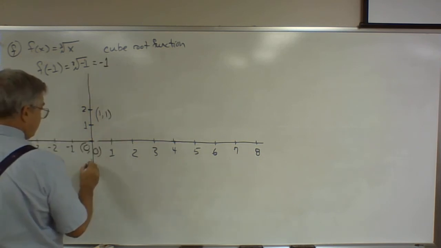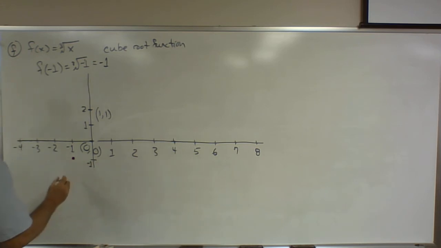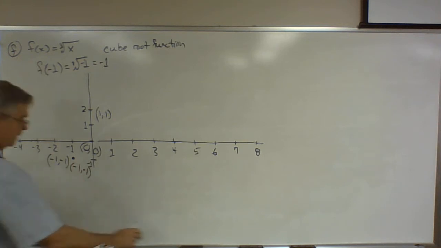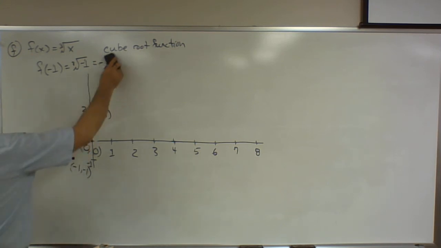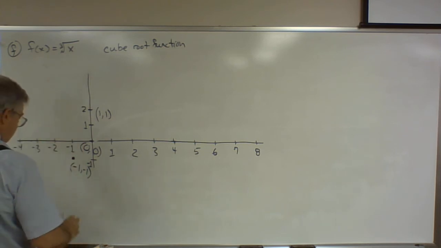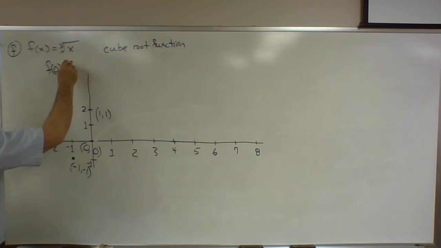So we're going to plot that point. And we have the point -1, -1 on our graph. And you know what? I think I want to put it down here. -1, -1. There we go. Now let's try x equals 0. That usually works. F evaluated at 0 is the cube root of 0.